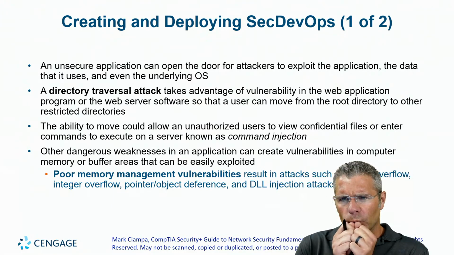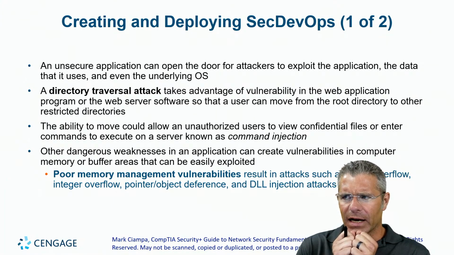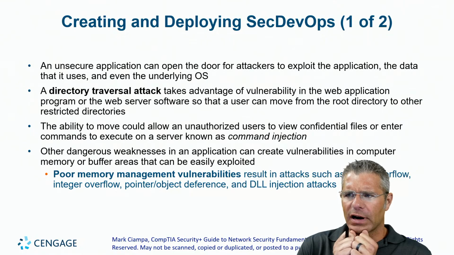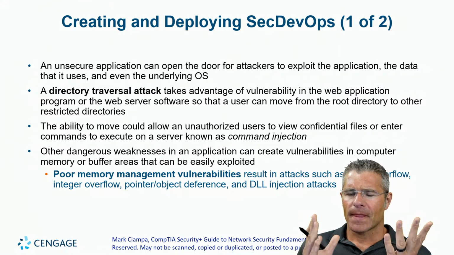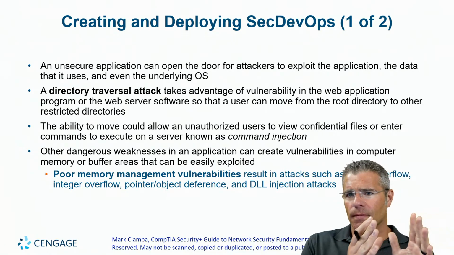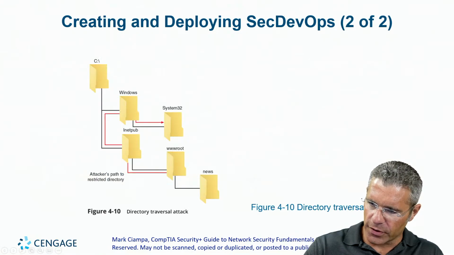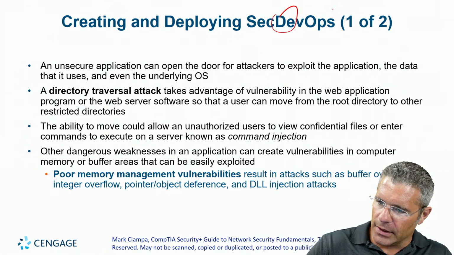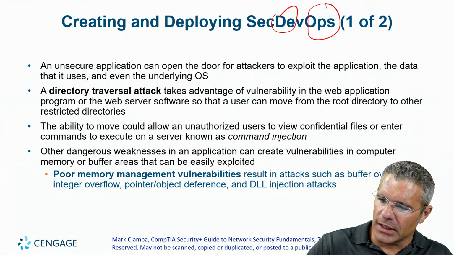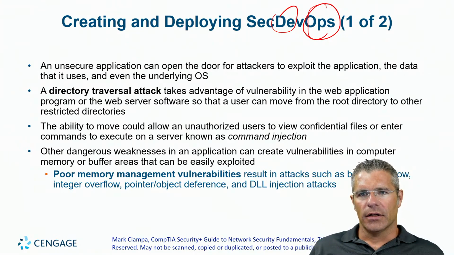So to talk about DevSecOps, we probably should talk about DevOps, SecDevOps, DevSecOps. The development team is usually the dev part of DevSecOps or SecDevOps. The ops team is the operations side of that.